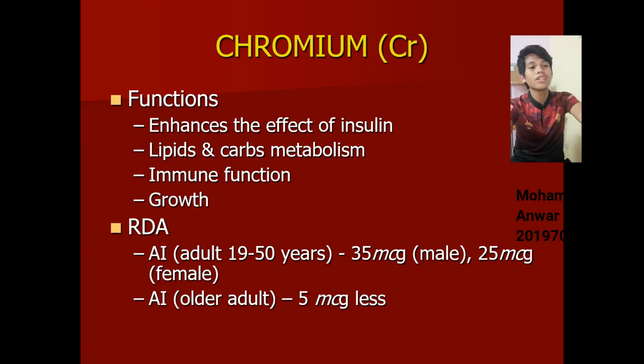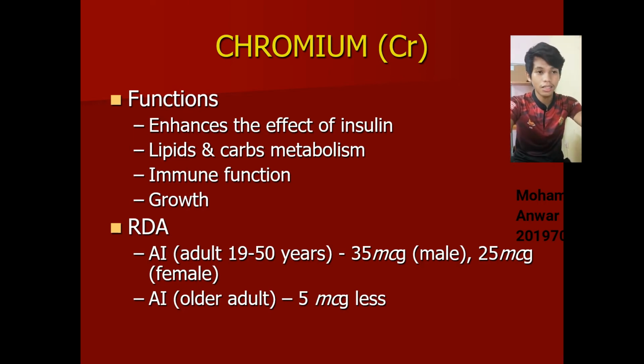So the next mineral is chromium, or Cr. The function of Cr is to enhance the effect of insulin, lipid and carb metabolism, immune function and growth. The RDA or AI for adults 19 to 50 years old is only 35 mcg for male and 25 mcg for female.